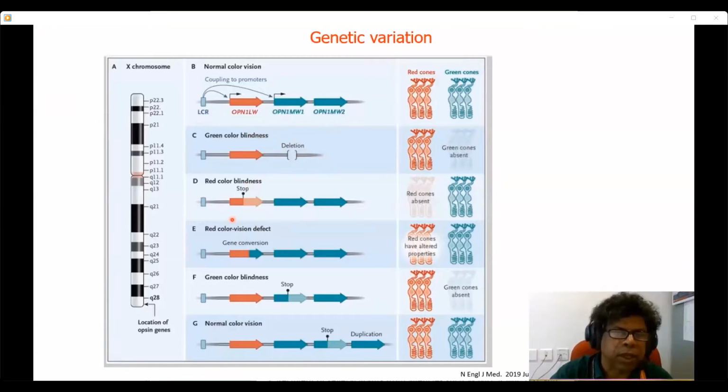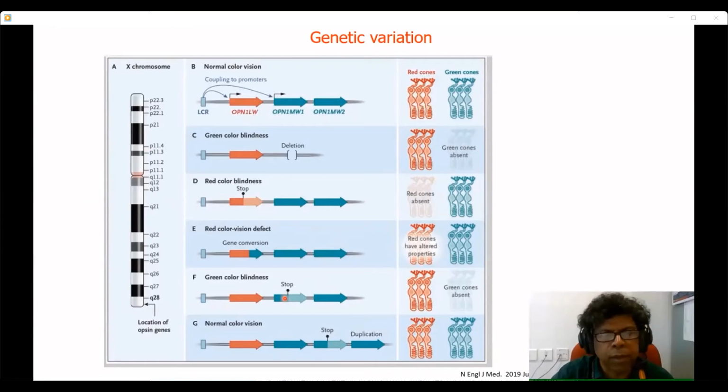In some cases, for example in the red, the gene stops expression halfway through, and red cones are absent, causing red color blindness. And sometimes there is a rearrangement or gene conversion, so you have a mix of both red and green, where both MW1 and MW2 genes are okay, but there are altered properties of the red cones.